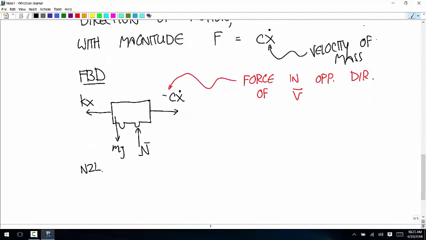And so Newton's second law says, let's just use the x components, negative kx minus c x dot is equal to the mass times the acceleration, which is x double dot.